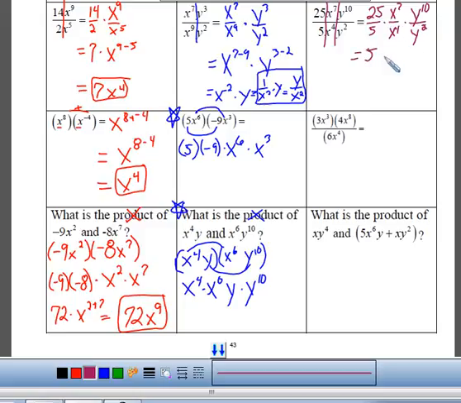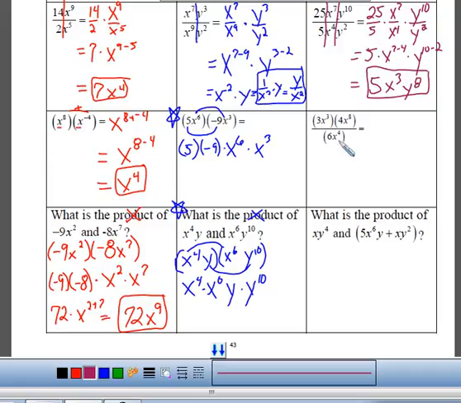X to the 7th over x to the 4th is x to the 7 minus 4. Y to the 10th over y squared is y to the 10 minus 2. So now put these all together: 5x cubed y to the 8th. Pretty easy problem. The next one.